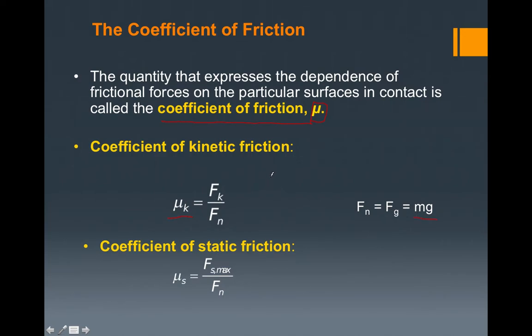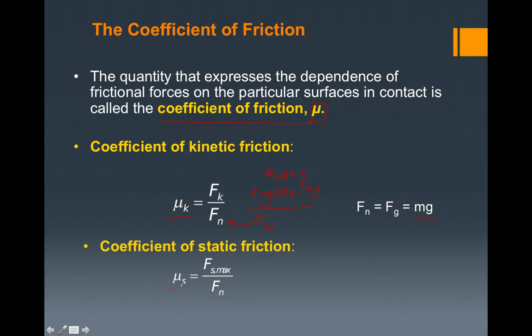So if you take the mass of an object times gravity, we're going to get our normal force. And that's going to be here. So this is for kinetic friction, mu sub k, and force of kinetic.